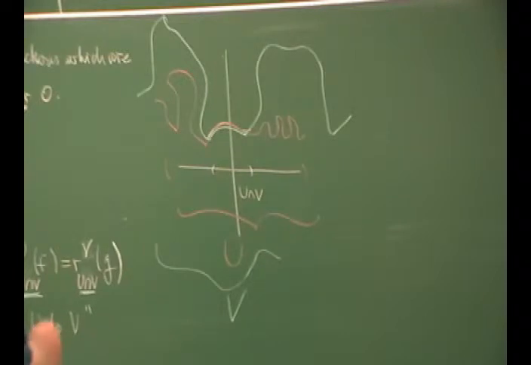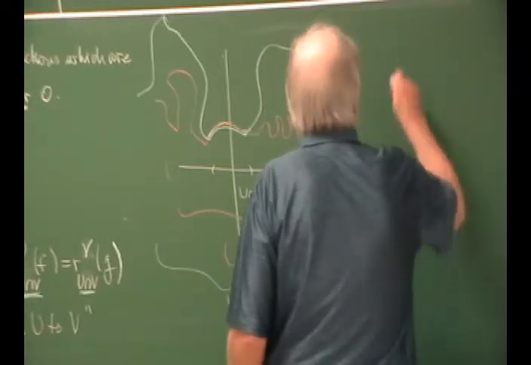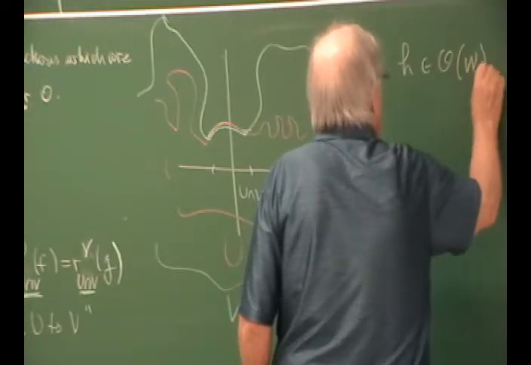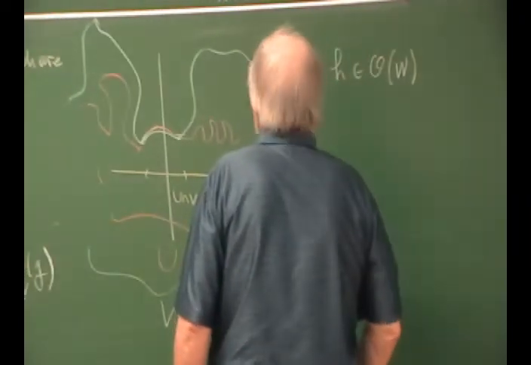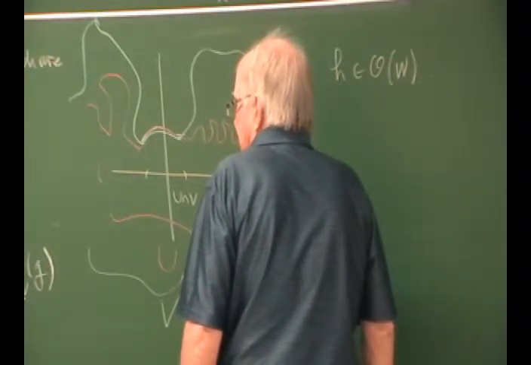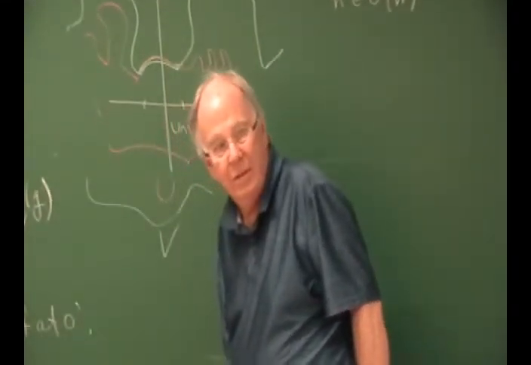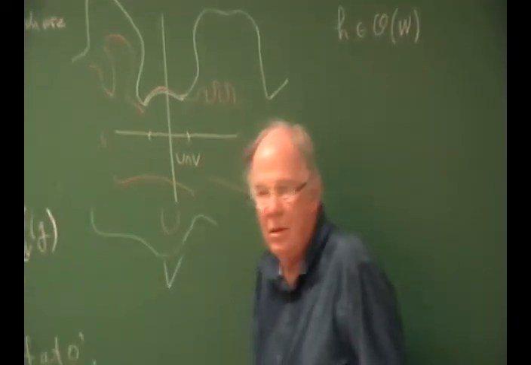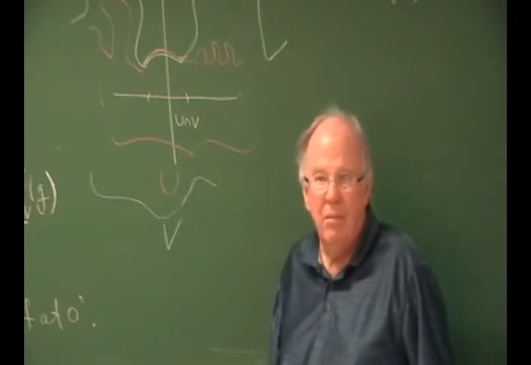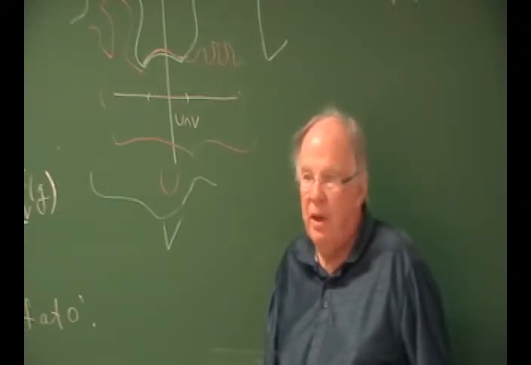If you have a third function H holomorphic on W, I think you're right. But 0 has to be in the intersection, because we're looking at the germ at 0. So everything is at 0. Okay, so you always require that it's defined there.